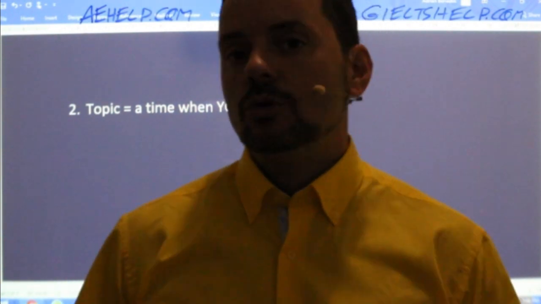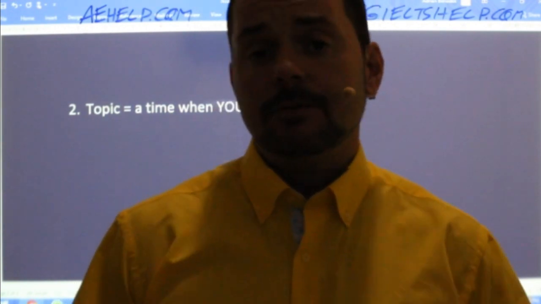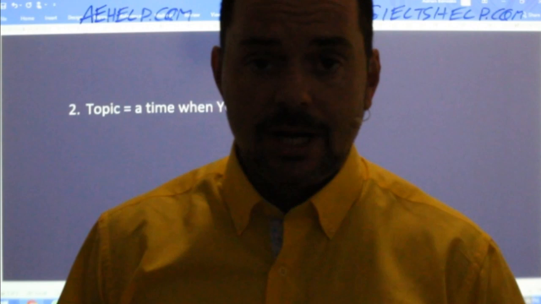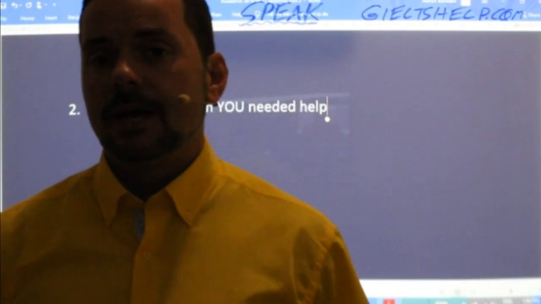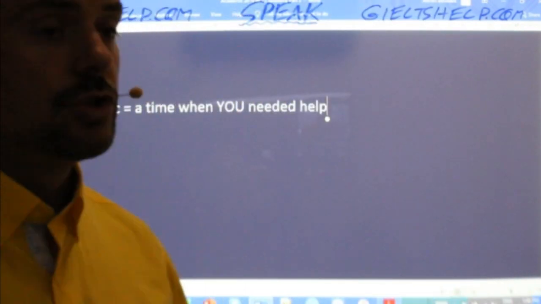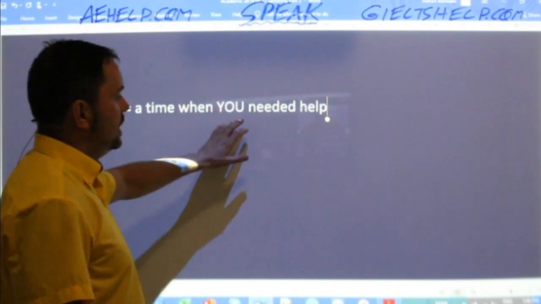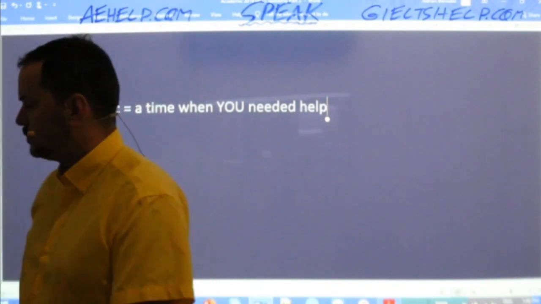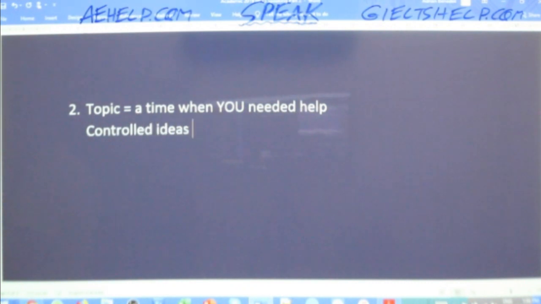The 2 worst positions to be in during your speaking interview, and by the way, your writing, is to go off topic. Okay, off topic and then off controlling idea. Off topic is the worst, and then off controlling idea. So it's a time when you needed help. Okay, sure. And then the controlling ideas are all of the elements connected to the question.